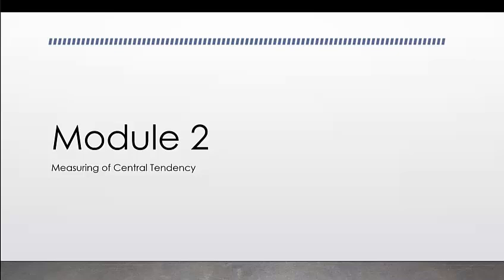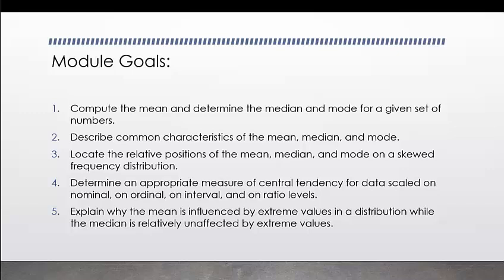So our goals for this module are to compute the mean, determine the median and the mode for a given set of numbers, describe the common characteristics of the mean, median, and mode, locate the relative positions of the mean, median, and mode on a skewed frequency distribution, determine an appropriate measure of central tendency for data scaled on the nominal, ordinal, interval, and ratio levels, and then finally explain why the mean is influenced by extreme values, while the median is relatively unaffected by extreme values.